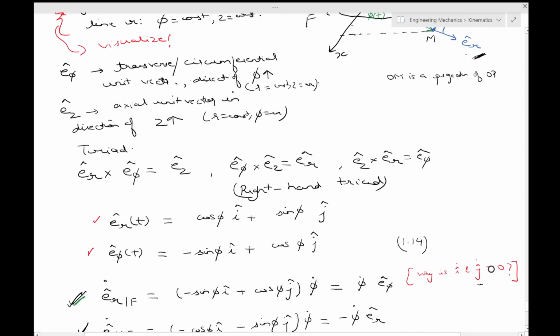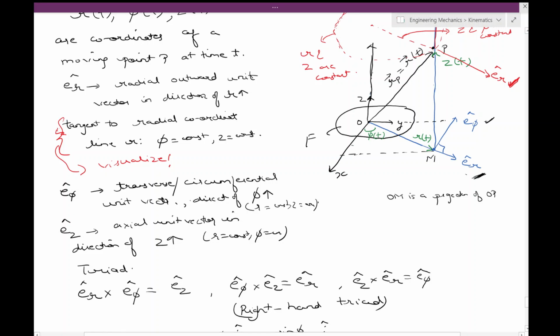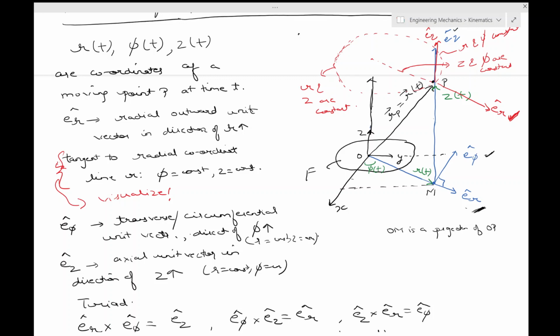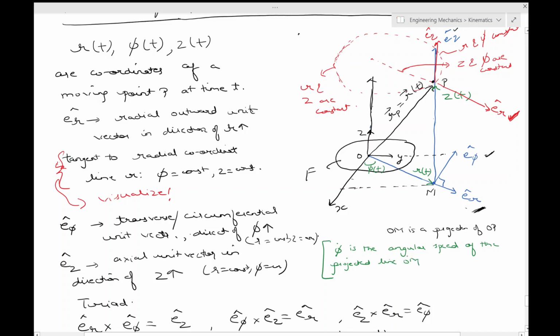Let me make that note over here. It's easy to visualize it over here. Thankfully we have space. So phi dot is the angular speed of the projected line OM about the z-axis.